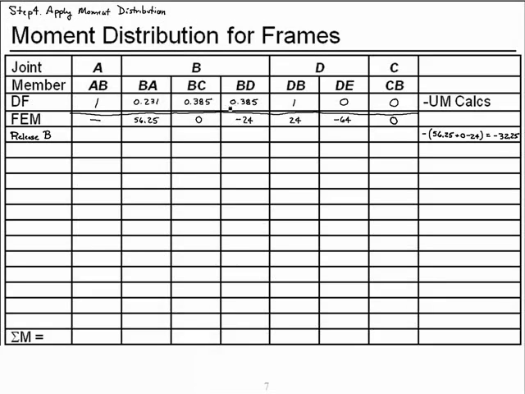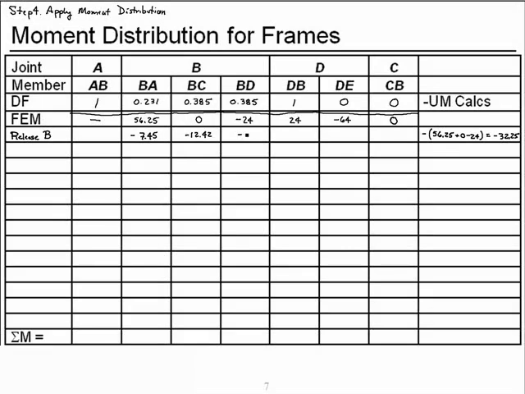So when I take 0.231 times this moment we need to distribute, we get a minus 7.45. When I take 0.385 times this moment we need to distribute, I get a minus 12.42.